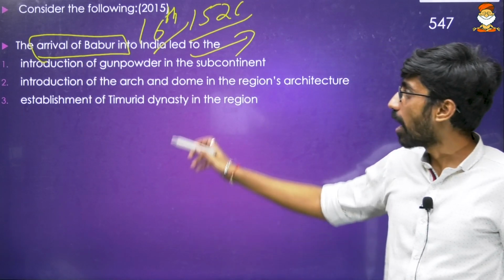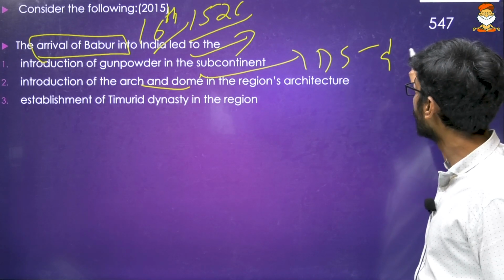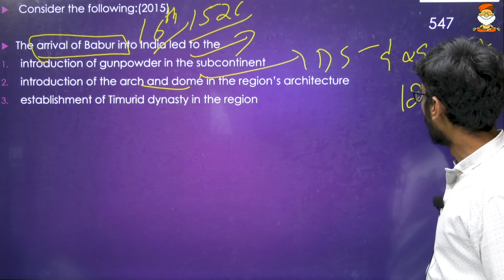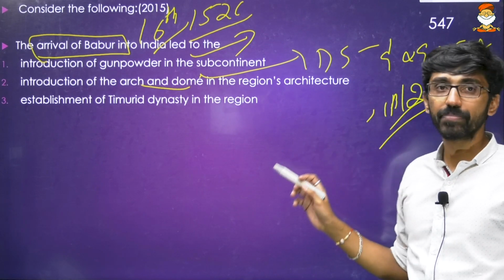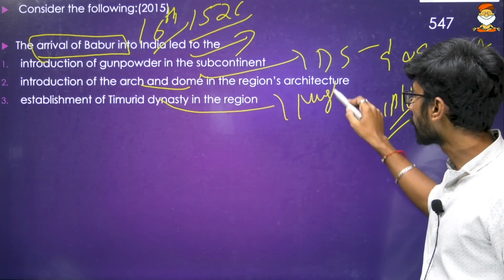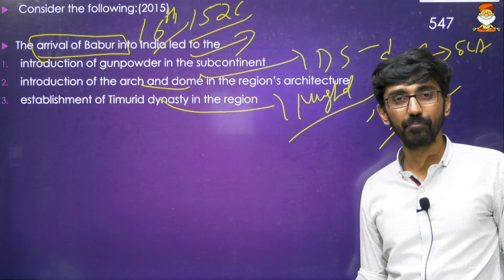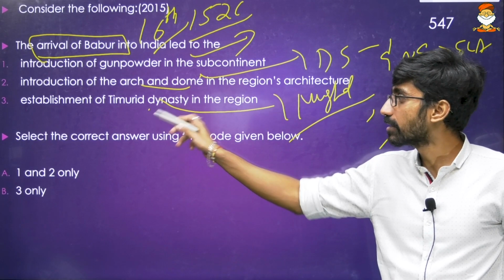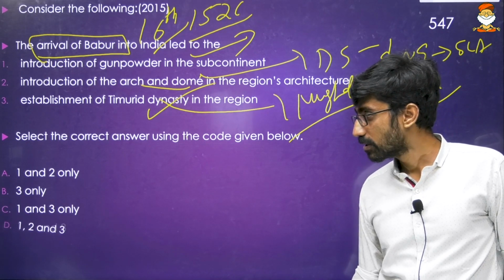Now, arch and dome came with the Delhi Sultans, who came with Ghazni, Ghori, the slave dynasty, way back in the 11th and 12th century itself. The Timurid dynasty is also called the Mughal dynasty, because the Mughals have Timur ancestry or Genghis Khan ancestry. Basic things all these are. So the answer should be 3 only, right? Options: 1 and 2, 3 only, 1 and 3, and 1, 2, 3.